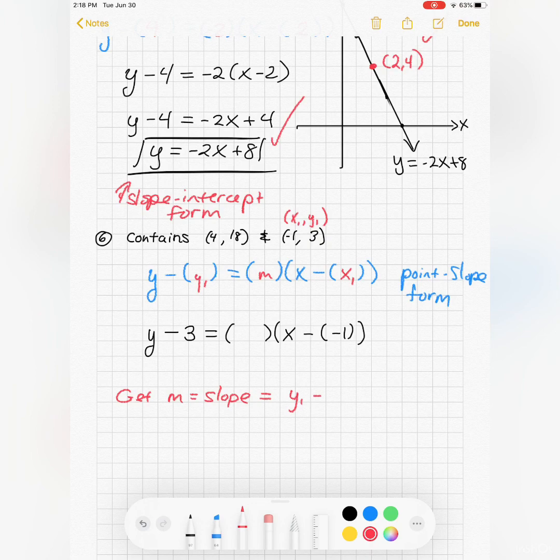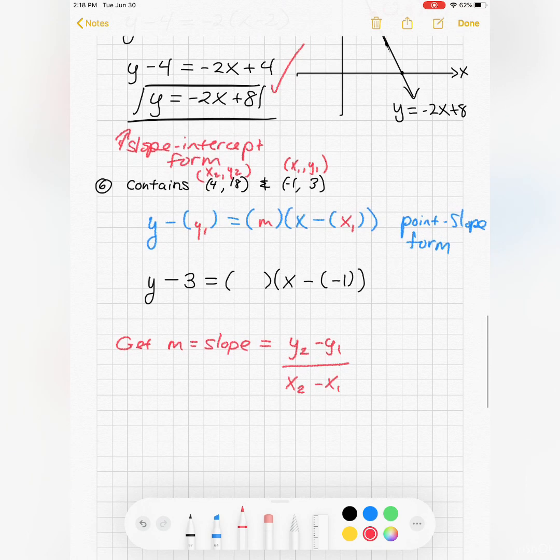So if I have 2 points on the line, I'm going to be using this equation, the difference in the y's over the difference in the x's. So with the way I did the labeling up here, then this guy would be x2, y2. Okay, doesn't matter as long as you keep 1's together and 2's together.